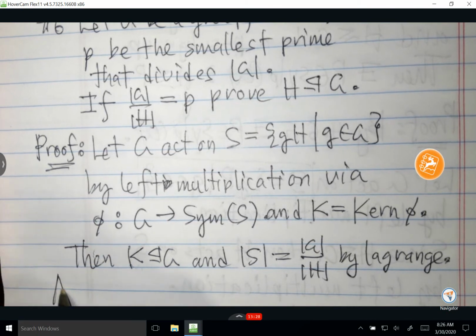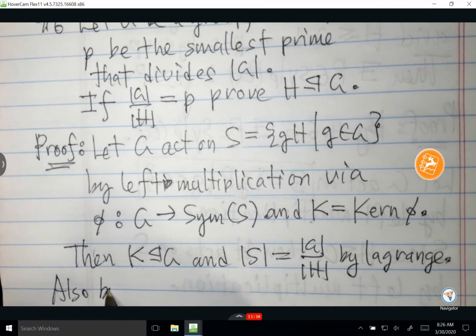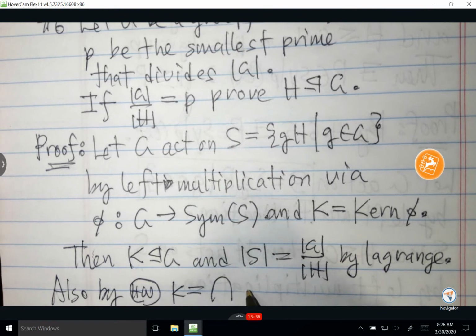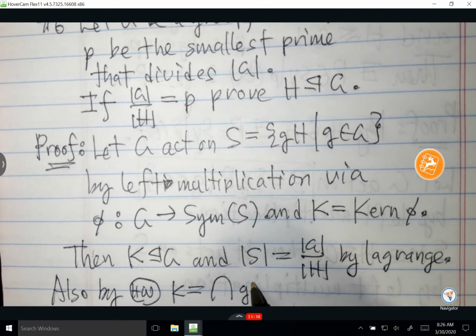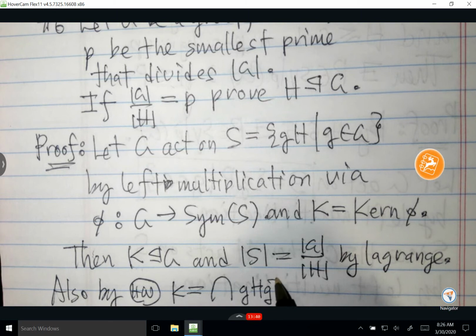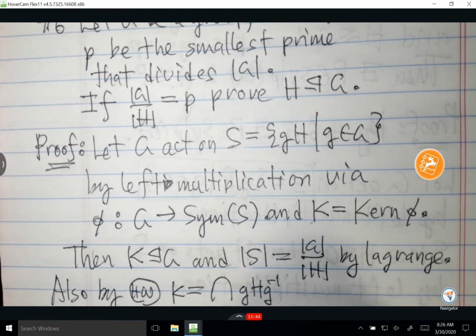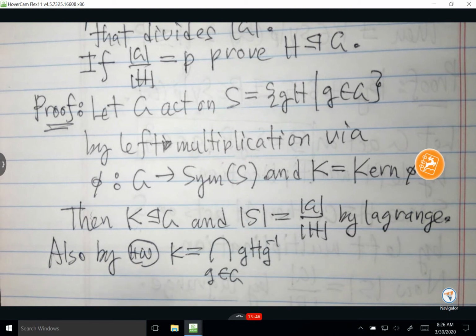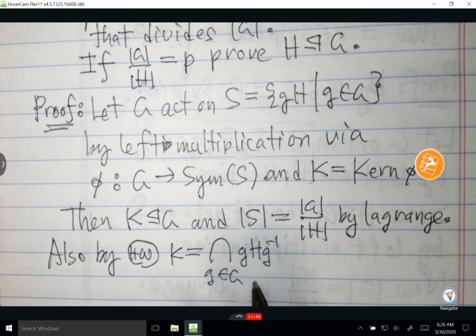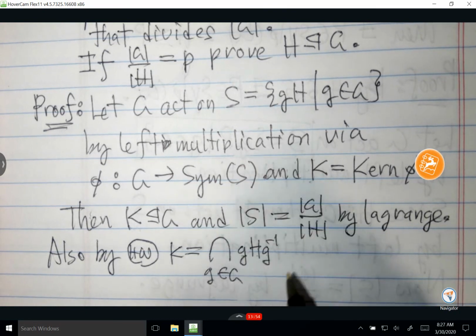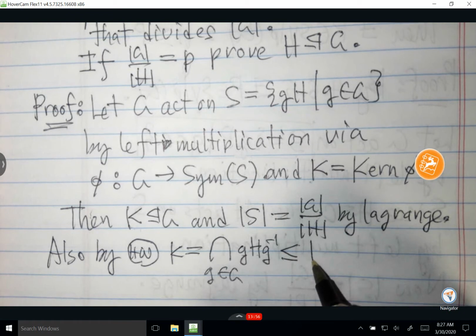So I'll say also, by a homework problem, K is equal to the intersection of the conjugates of H in G. But H is one of these conjugates where the little g happens to be the identity. So this is living inside H.